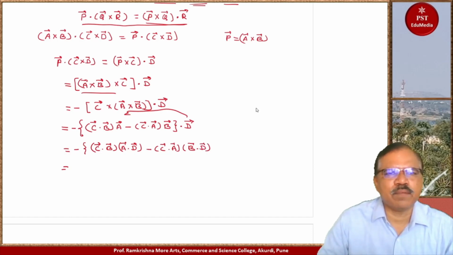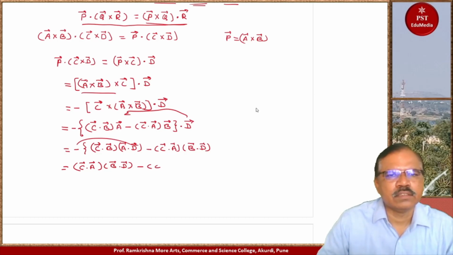So now if we take the minus sign inside, you can write here C dot A into B dot D. This becomes positive due to the minus sign.